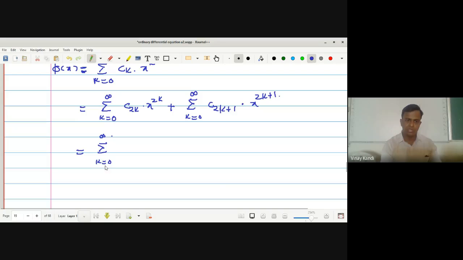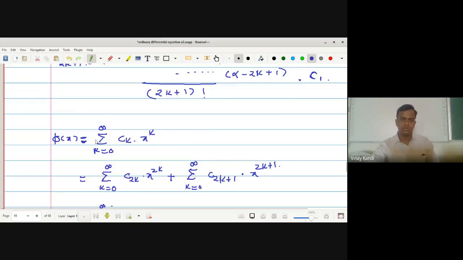Now putting the value, k running from 0 to infinity, what is the value of c2k?